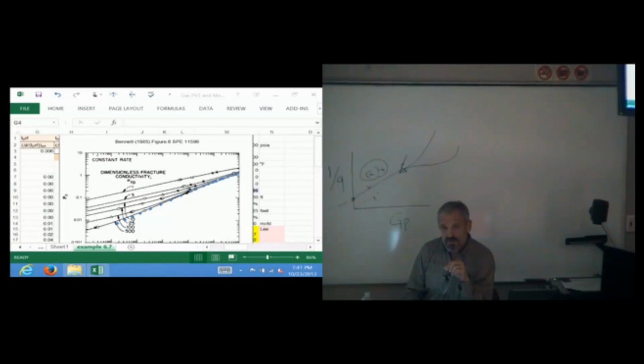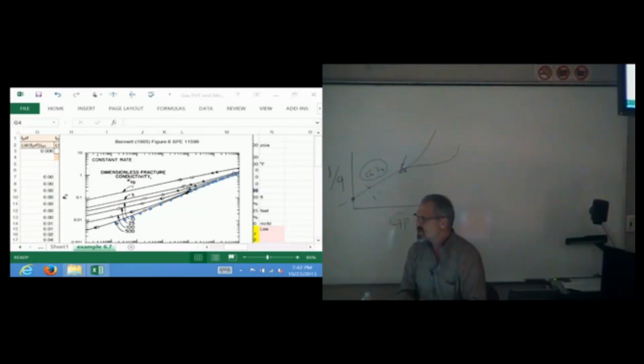For bilinear flow, is it a function of the reservoir permeability or the fracture permeability? Both. I would have a hard time pulling up the Bennett paper, but on this graph that we're looking at right now, the triangles are the end of bilinear flow.